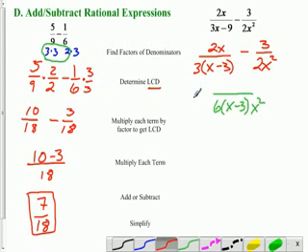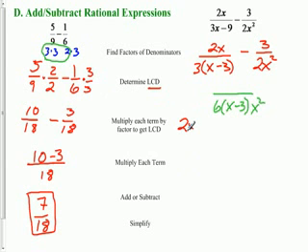So I'm going to write down what was given in the first term, 2x over 3 times x minus 3. Now what do I need to multiply this by to get to this denominator? So let's start on the bottom, and then we'll multiply by the top too. To get from 3 to 6, I need to multiply by 2.